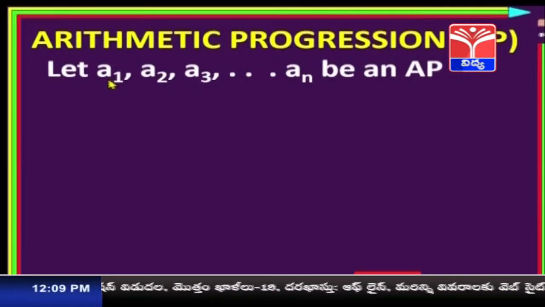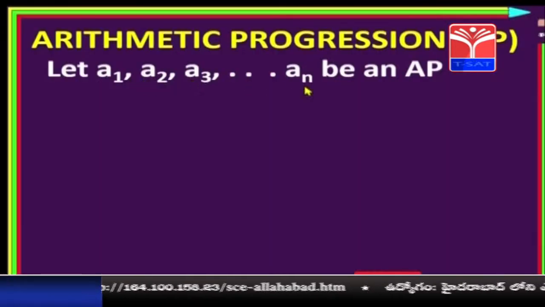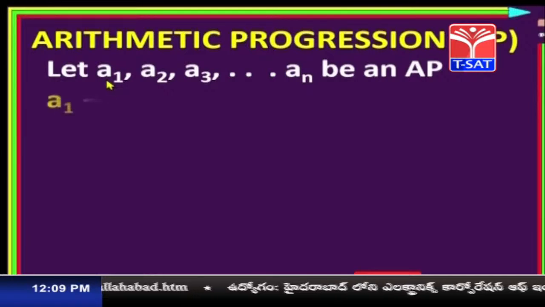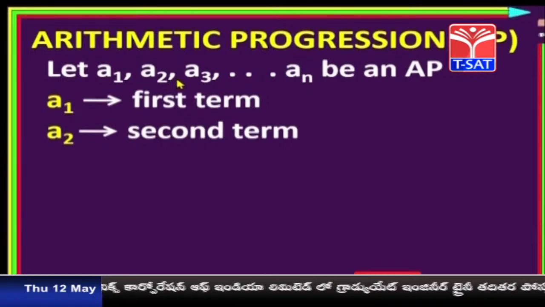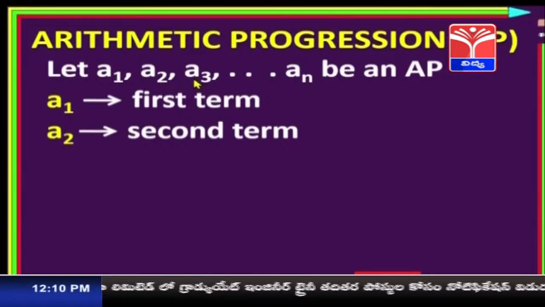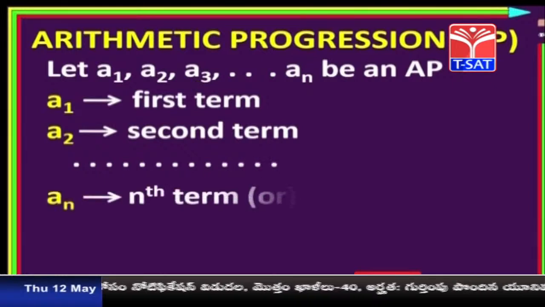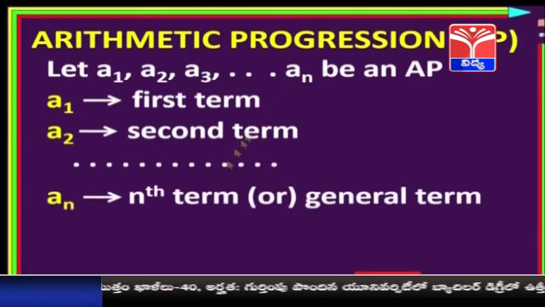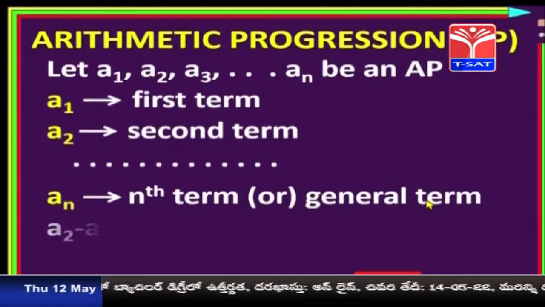The terms of an arithmetic progression are of the form A1, A2, A3, and so on, An. In this, A1 is called the first term, A2 is called the second term, similarly A3 is called the third term, and so on. The last term An is called the last term or nth term, or we can say the general term also.